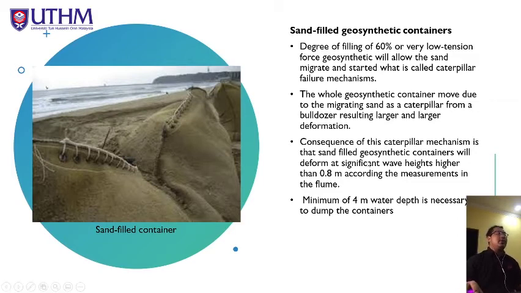The consequence of this caterpillar mechanism is that the sand-filled geosynthetic container will deform at a significant wave height higher than 0.8 meter, according to the measurements in the film. A minimum of 4 meters water depth is necessary to dam the container. As we can see, this is an example of the sand-filled container that we use on the beach.